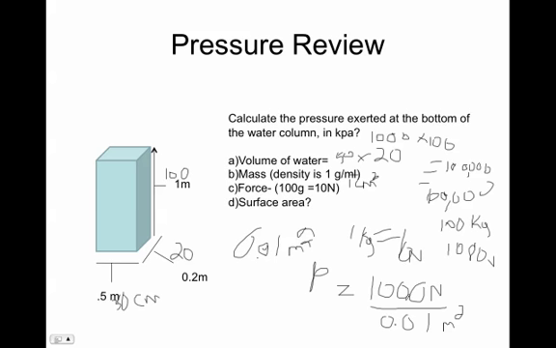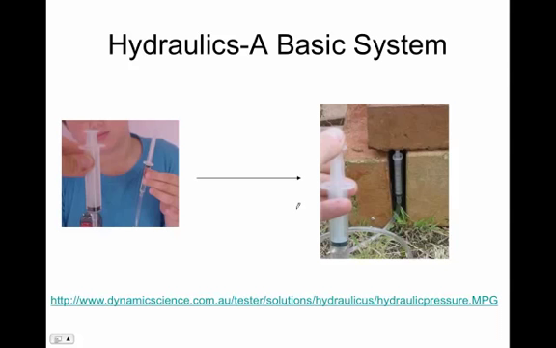So that's, add 2 zeros whenever you divide, so that's 100,000 pascals. And in kilopascals, that's 100 kilopascals. So let's go into hydraulics.